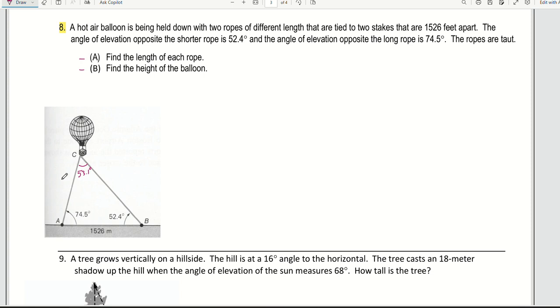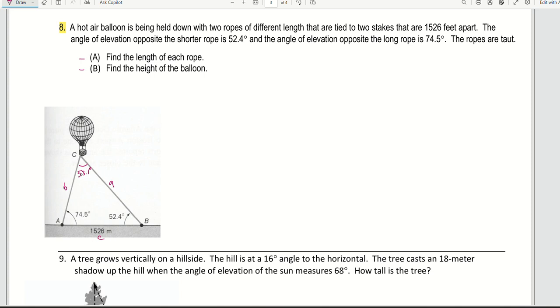And now we should label our sides. So this rope right here is going to be little b because it's opposite big B. This rope right here is going to be little a because it's opposite big A, which makes this ground distance little c. We know the C side and the C angle.